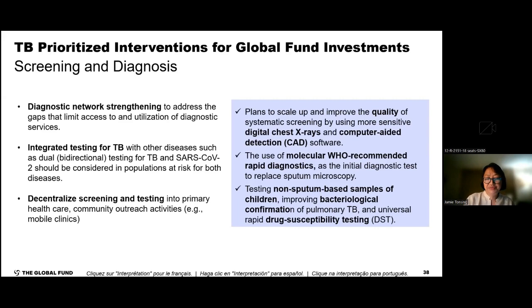Also related to diagnosis, we want to see use of other samples like sputum, especially for children. We want more use of bacteriological confirmation rather than clinical diagnosis. And we want to see scale up of drug susceptibility testing to inform the right treatment for TB. Next.